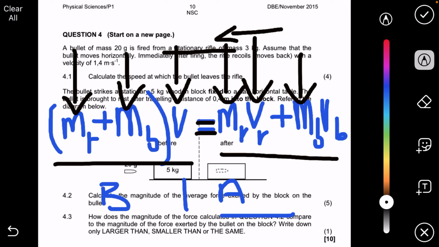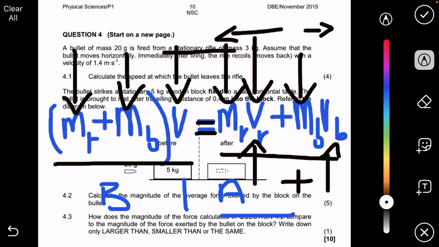Obviously the bullet, we already know it's going to move in the opposite direction, so if you substitute a negative velocity there, your final answer for the velocity of the bullet should have a positive sign, or the opposite sign.